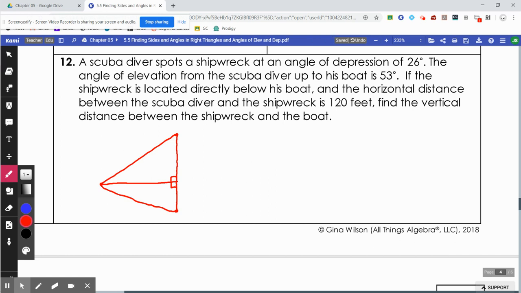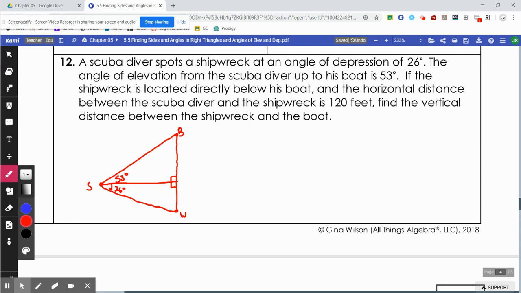The scuba diver spots a shipwreck at an angle of depression of 26. So if this is the scuba diver, this is his angle of depression. That'd be the 26 degrees. The angle of elevation up to the boat is 53 degrees. So this is, again, the scuba diver, this is the boat, and this is the wreck.